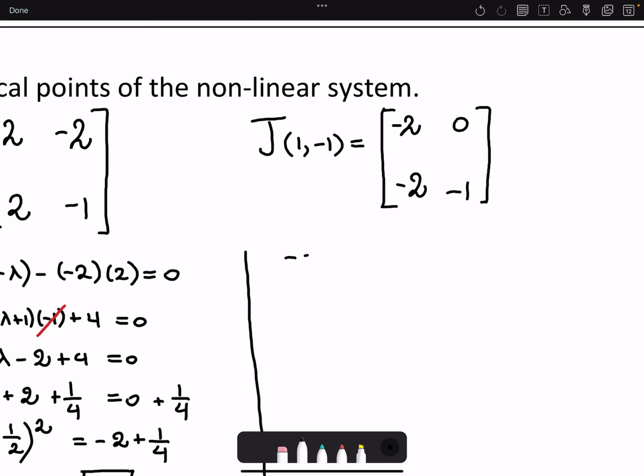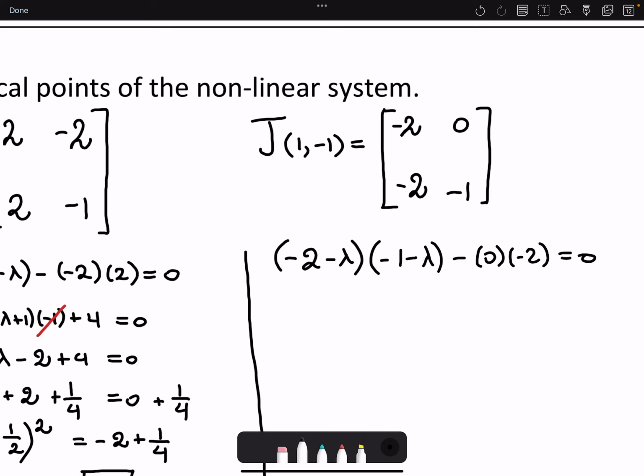So finding the eigenvalue, we get -1 minus lambda minus 0 times -2 equals 0. This goes to 0.